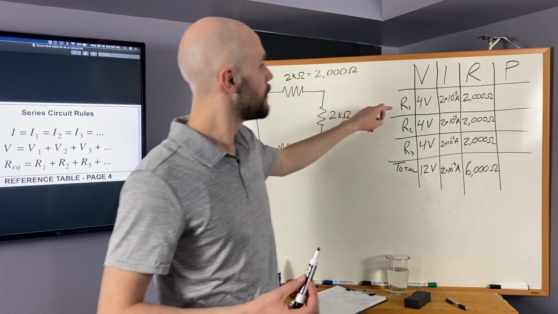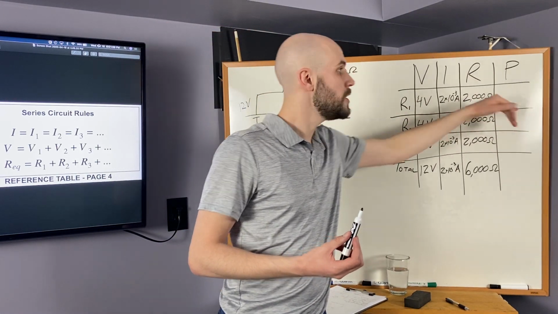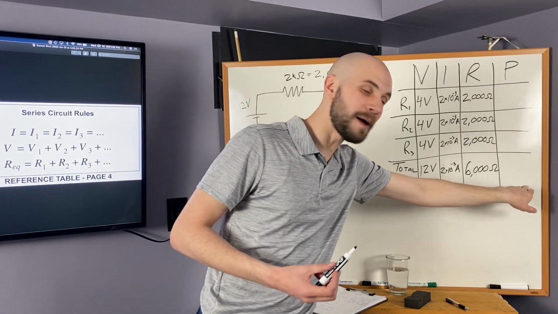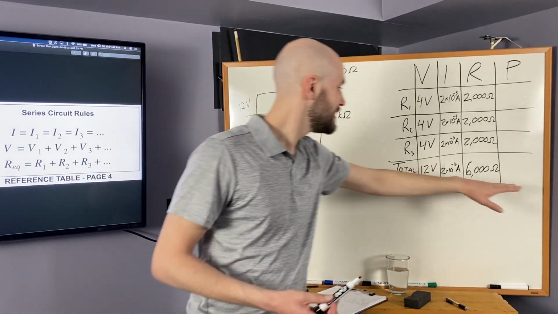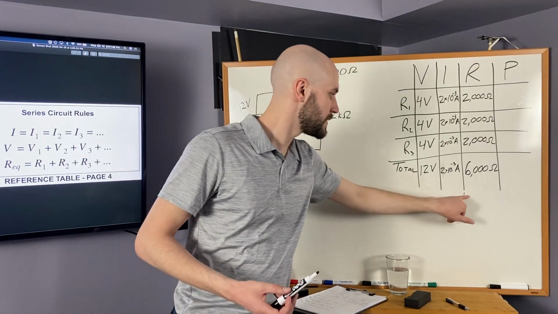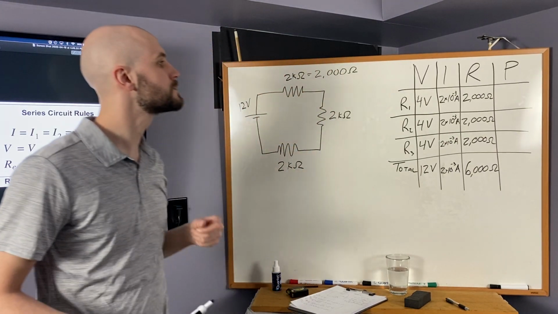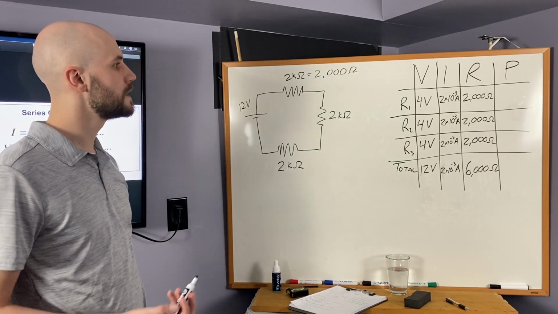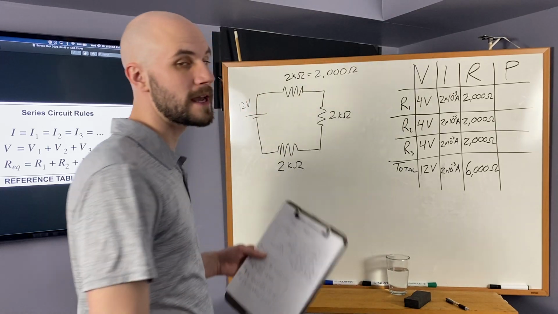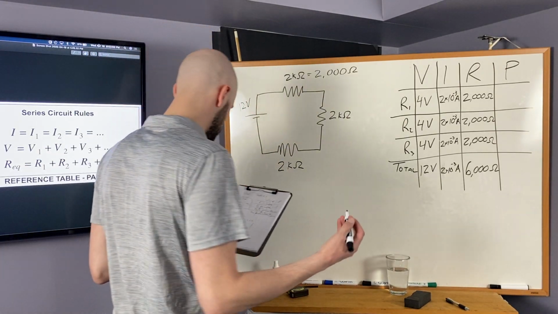But keep in mind that if I want the power for resistor 1, we have to use the specifications from resistor 1. If I want the total power dissipated by the circuit, we have to use the numbers for our total values here. Okay, so let's start with the total power dissipated by the entire circuit.